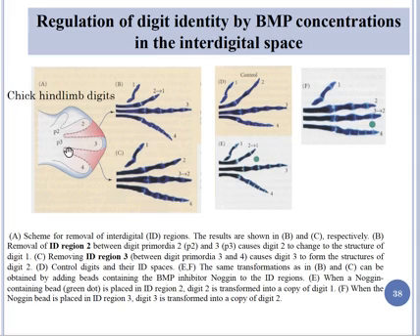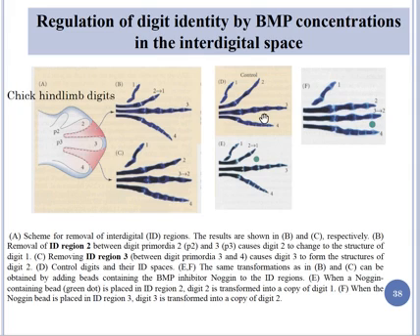And in the other experiment, when they removed the interdigital region 3, present between digit number 3 and digit number 4, they also found that the digit just before this interdigital zone, digit number 3, has been converted into the identity of digit number 2. So they tried to understand why, when we remove this interdigital zone, we have a conversion of the identity of the digit from one into another.